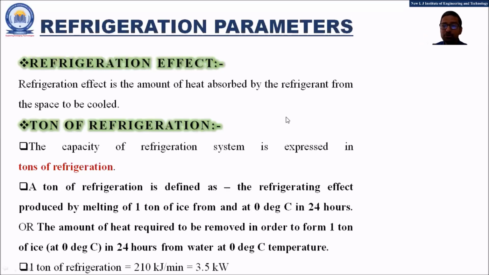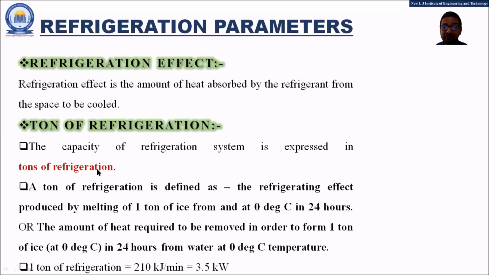The next most important refrigeration parameter is the ton of refrigeration. The capacity of the refrigeration system is expressed in tons of refrigeration. A ton of refrigeration is defined as the refrigerating effect produced by the melting of 1 ton of ice from and at 0 degrees Celsius in 24 hours.